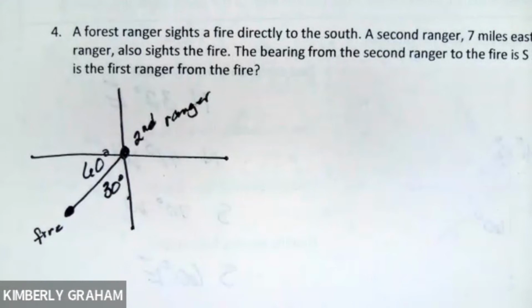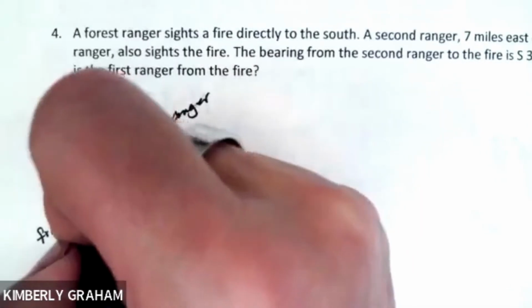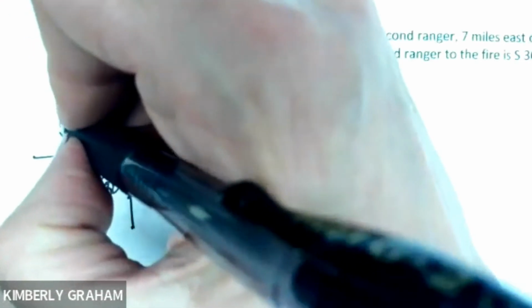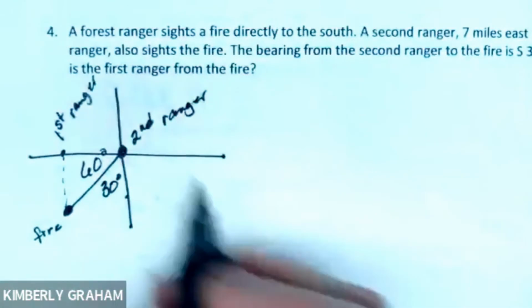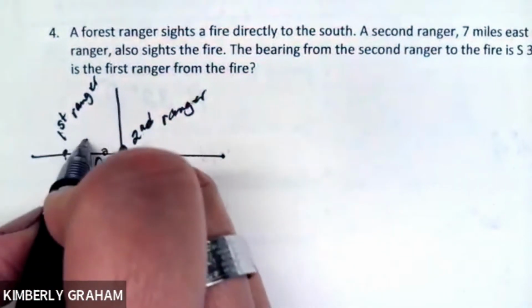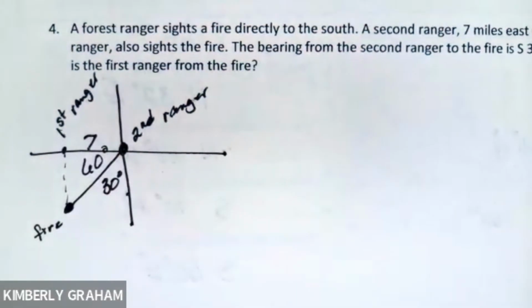Now, going back to that first ranger, it says a forest ranger sights a fire directly to the south. Well, this is where my first ranger is over here. And I know that this length from the first ranger to the second ranger is 7 miles.